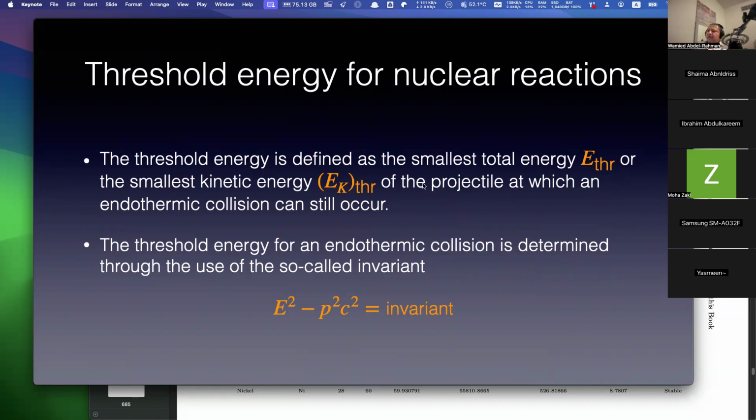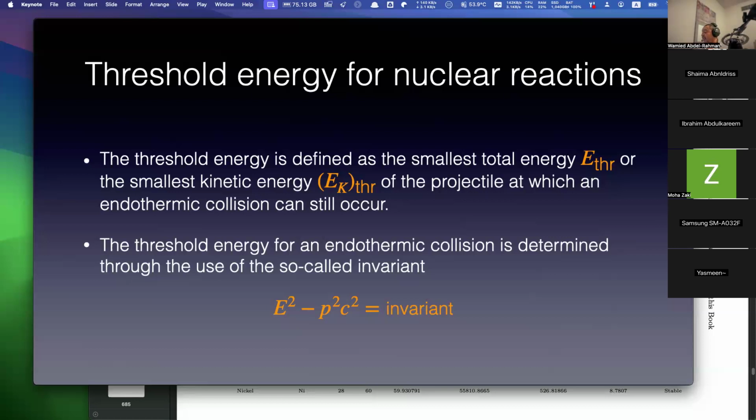This could actually be derived from what's called the invariant relationship. I'm sure you have seen this relationship before.